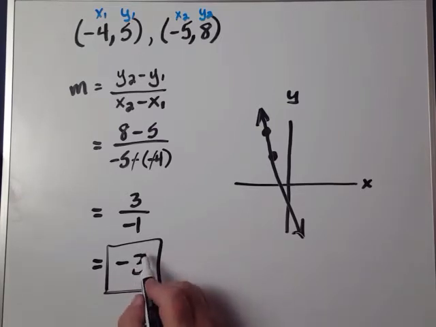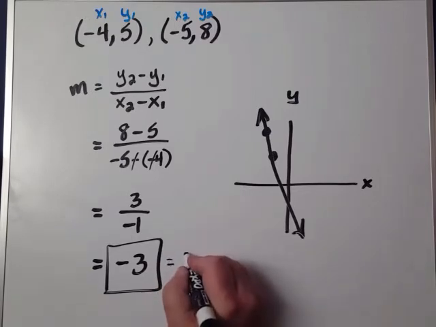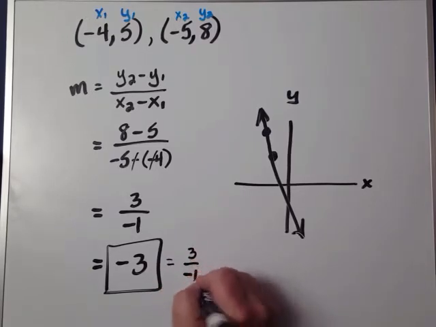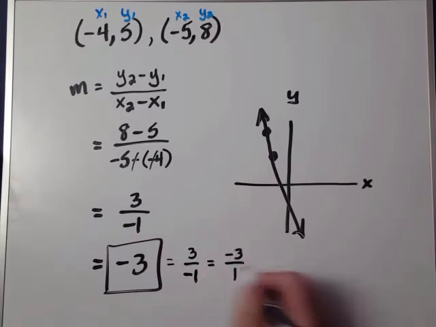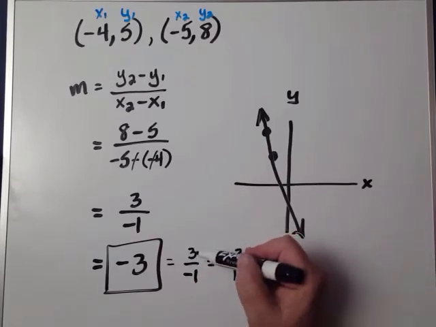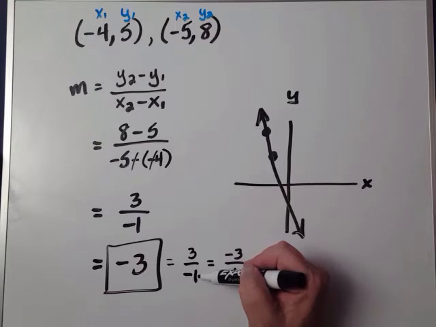My interpretation on this negative slope, we can think about this a couple ways. We can call this a 3 over a -1 like it was, or I could call it negative 3 over positive 1, meaning what? Every time this line goes up 3, it goes back 1. It backs up in the negative direction 1.